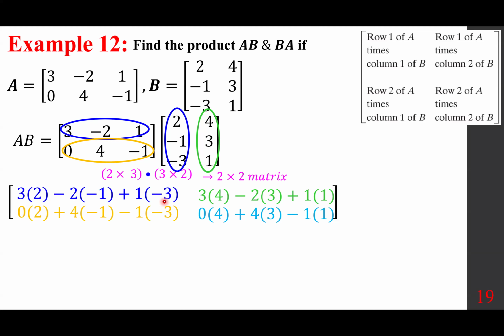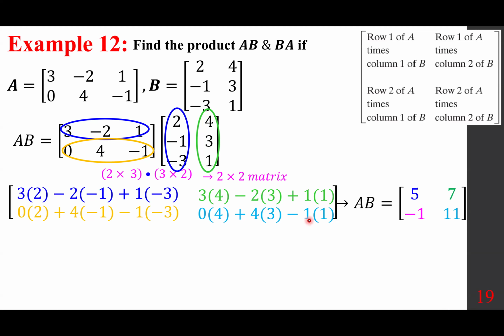My apologies, 8 and minus 3 is 5. 12 minus 6 is 6 and 1 is 7. 0 doesn't do anything. Minus 4 and plus 3 is minus 1. 0 doesn't do anything. 12 minus 1 is 11. And we're done with AB.